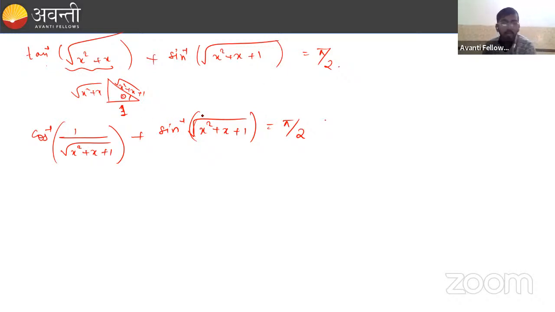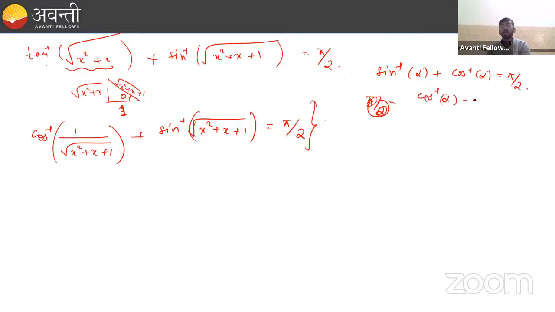Now we know that sine inverse of alpha plus cos inverse of alpha is always pi by 2, right? So we can write cos inverse of alpha equals pi by 2 minus sine inverse of alpha.